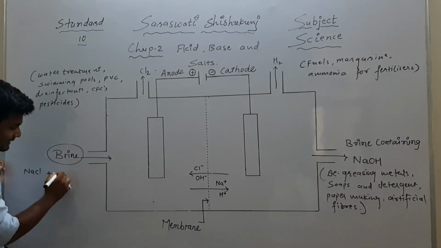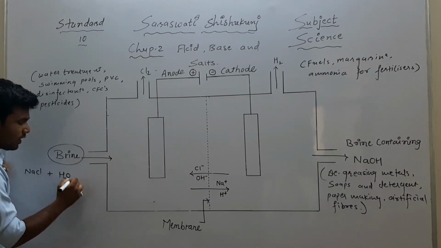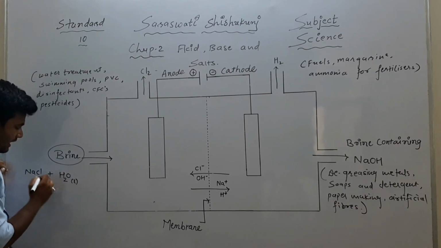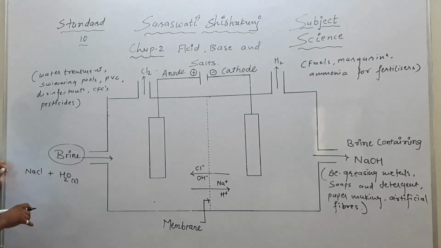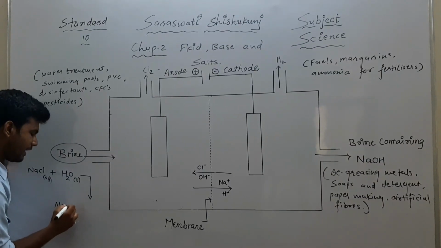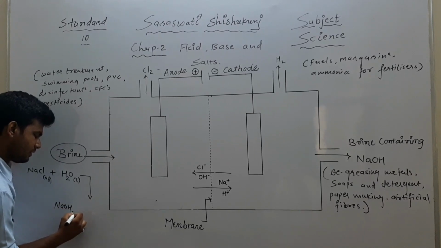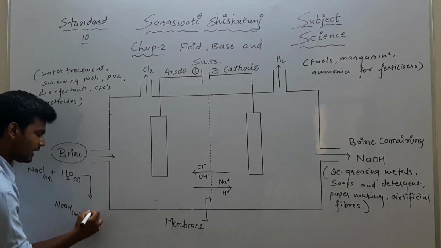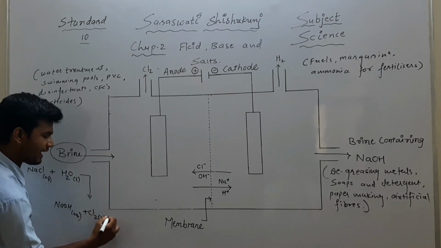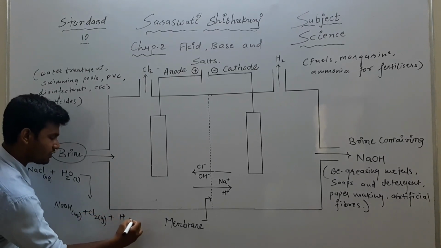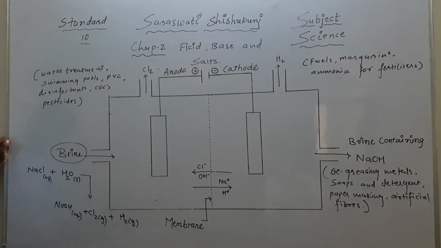Now, when this aqueous solution of NaCl reacts with water, it gives NaOH in aqueous form, plus Cl2 in the form of gas and H2 in the form of gas.